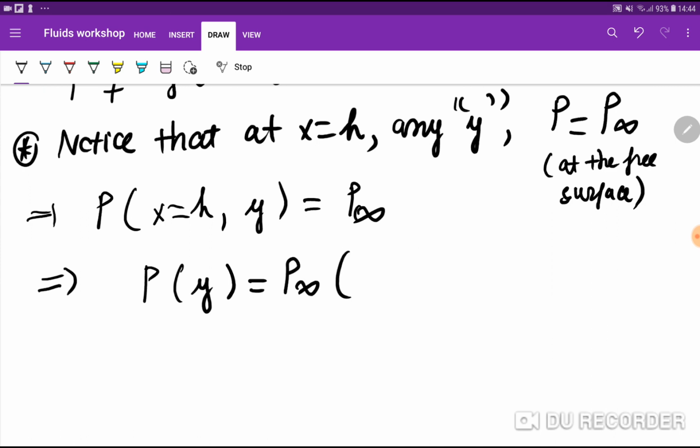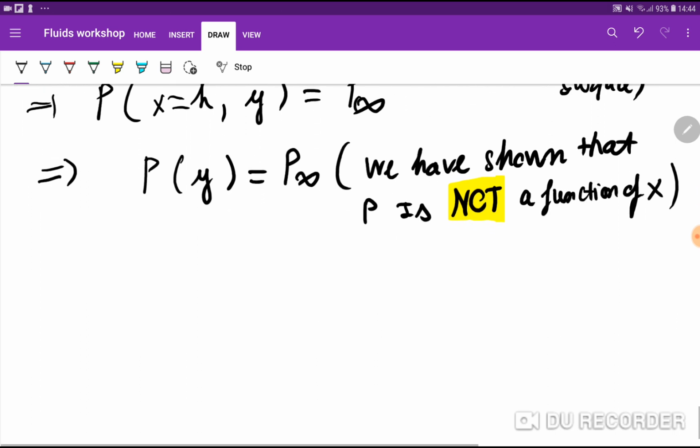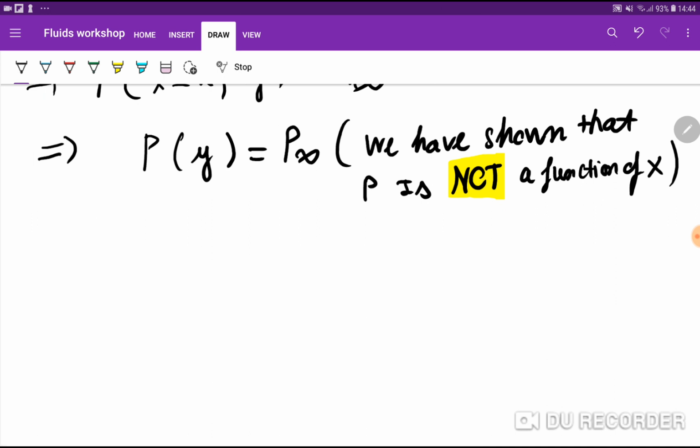From that previous line, we imply this line because we have shown that pressure is not a function of x. So if p of y equals P infinity, it means that no matter what time or space, no matter what happened, pressure is equal to P infinity.